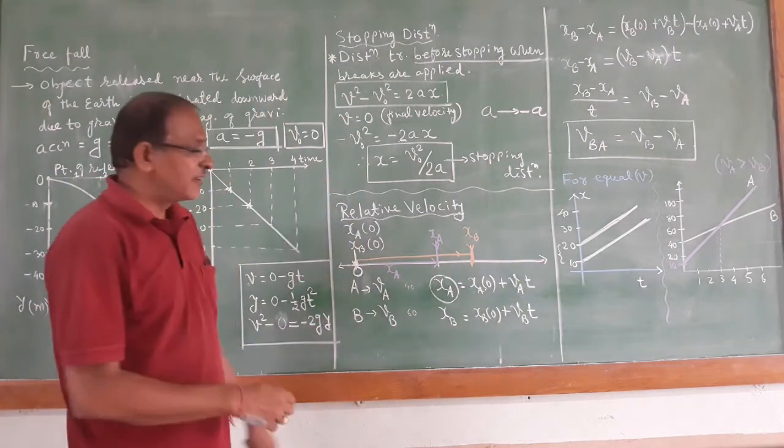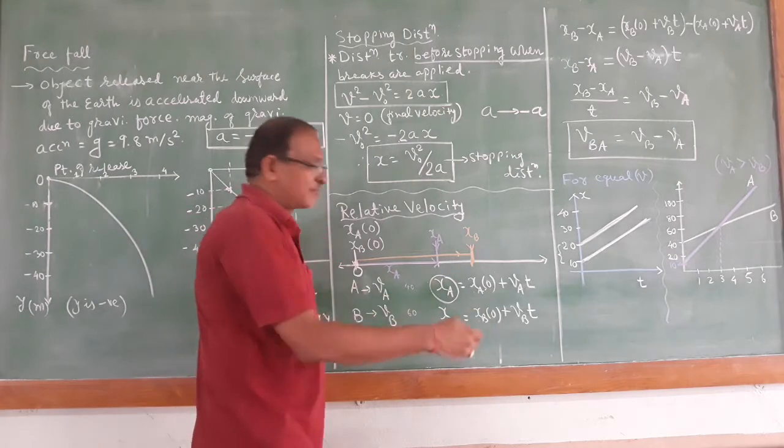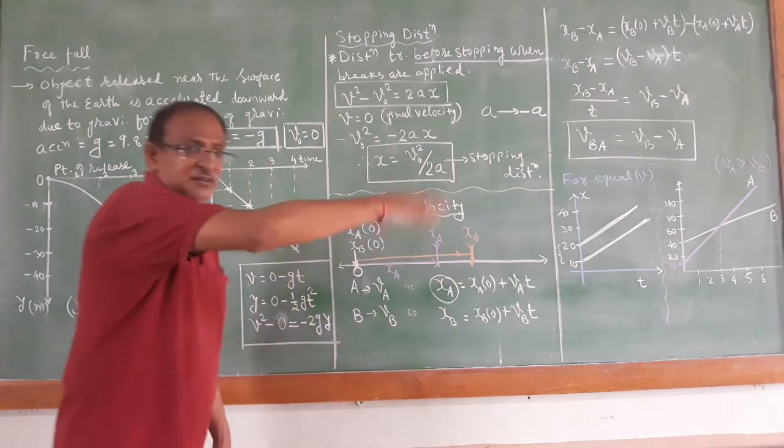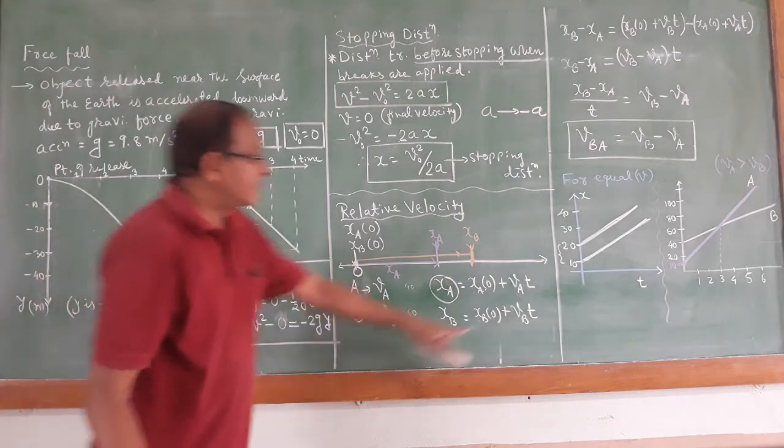Similarly, XB is the initial position plus the distance covered, that is VB into t.